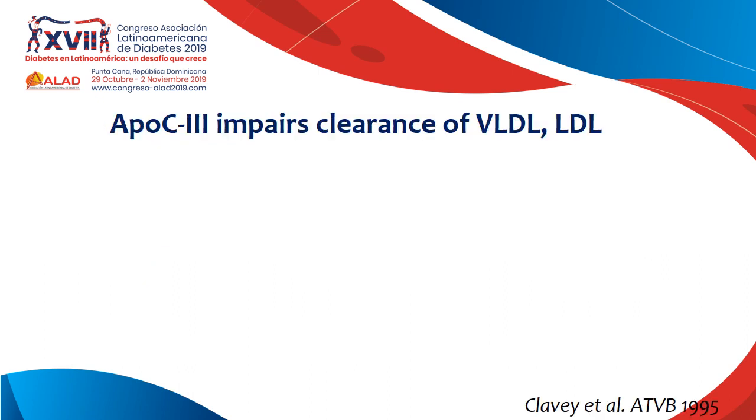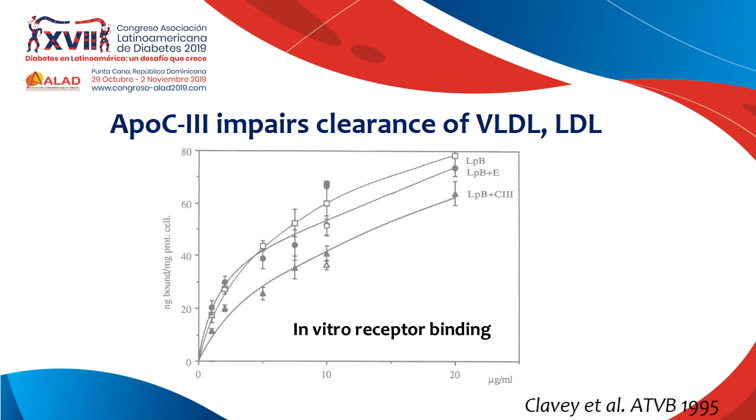So let's start by looking at the in vitro evidence that ApoC-III acts as a competitor to ApoE and that it impairs clearance of VLDL and LDL. So what you will see here are the results of an in vitro receptor binding experiment in which different progressing concentrations of any given lipoprotein were incubated with fibroblasts in vitro. What we can see here is that the top line, the white squares, corresponds to lipoproteins with only ApoB.